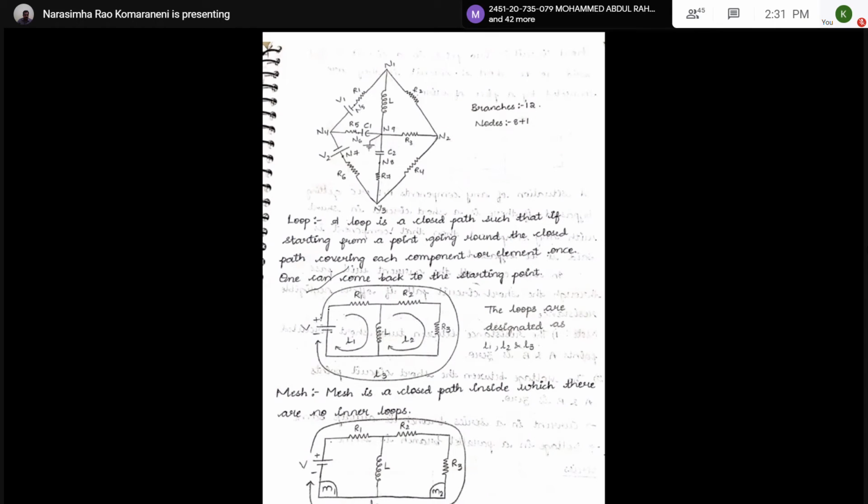Similarly, this outermost loop has two more inner loops, that is L1 inside and L2 leftmost. Inside one more loop, and here one more loop. So this circuit has a total of three loops: one outermost loop and two inner loops. Yes, clear now? So a loop is a closed path.